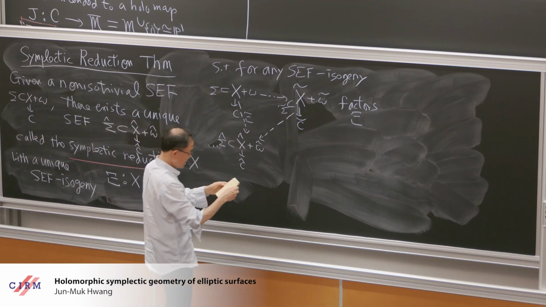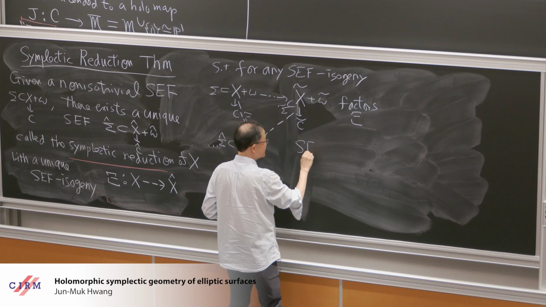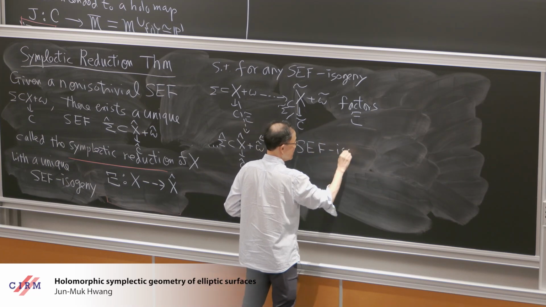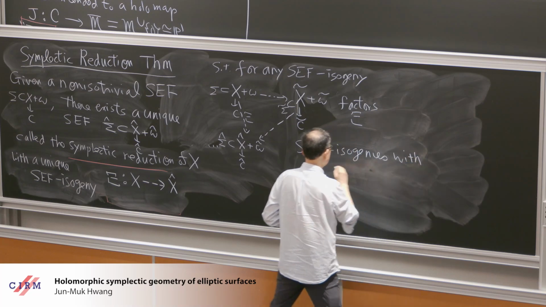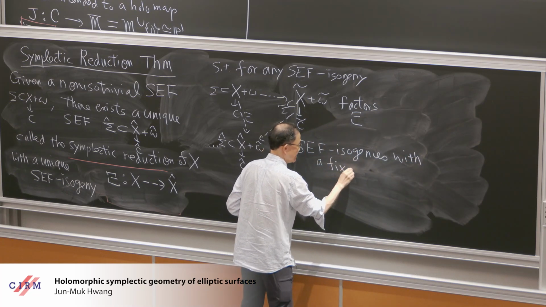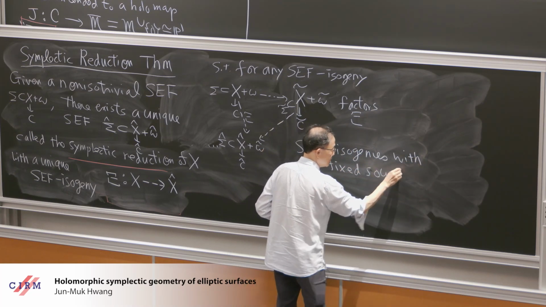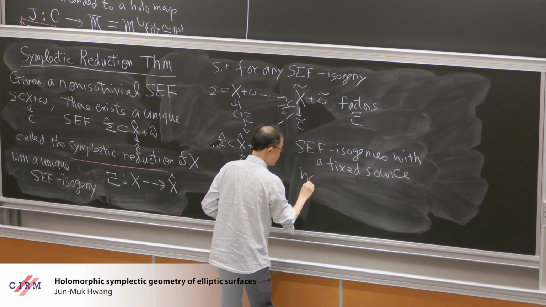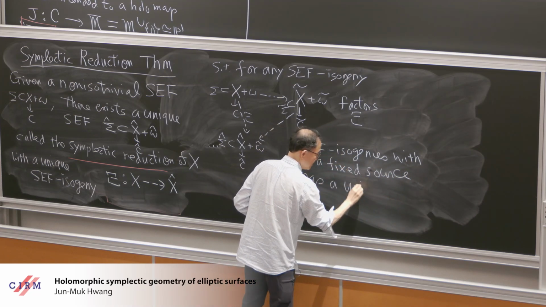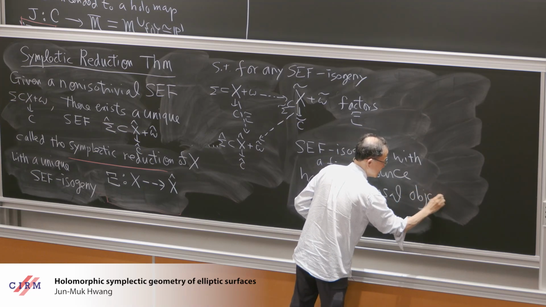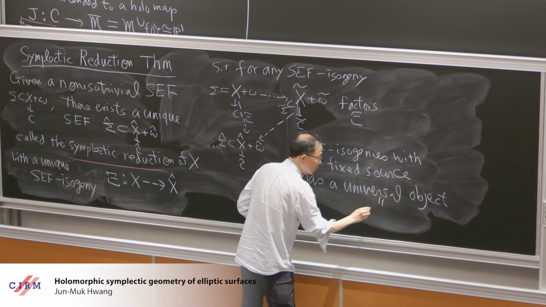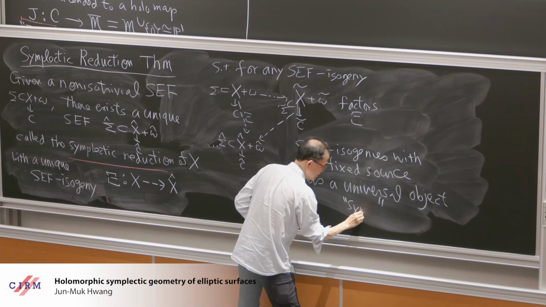So in other words, SEF isogenies with a fixed source have a universal object. And that universal object is the symplectic reduction.